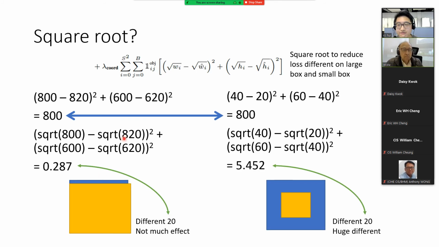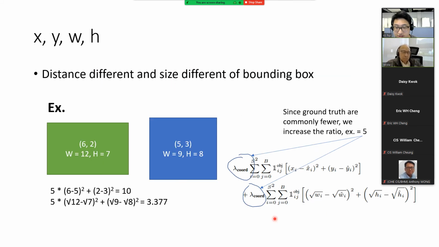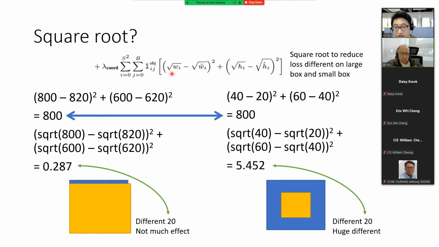But something we want to notice is that here we have a square root on the second one. What does the second one do? It's actually calculating the size of the 2 boxes. So why do we do the square root? Let's have 2 different examples here. First one, we have 800 times 600 as the output of the model, and 820 and 620 for the ground truth.